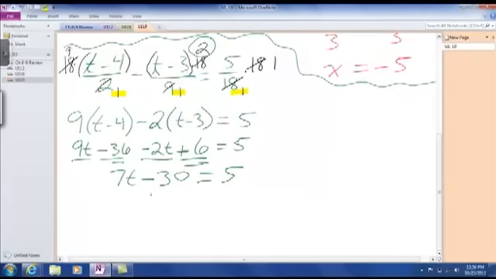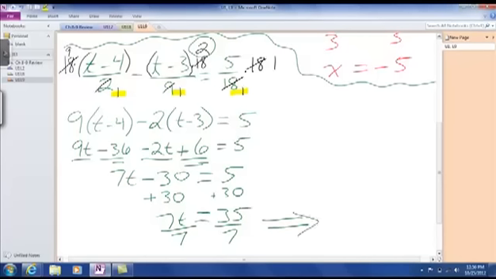Okay, basic linear equation from here. Add 30 to both sides and I get 7T equals 35. Now we're going to divide by 7. And that gives me, I'm going to give this fancy double arrow to get to my answer. T is equal to 5.